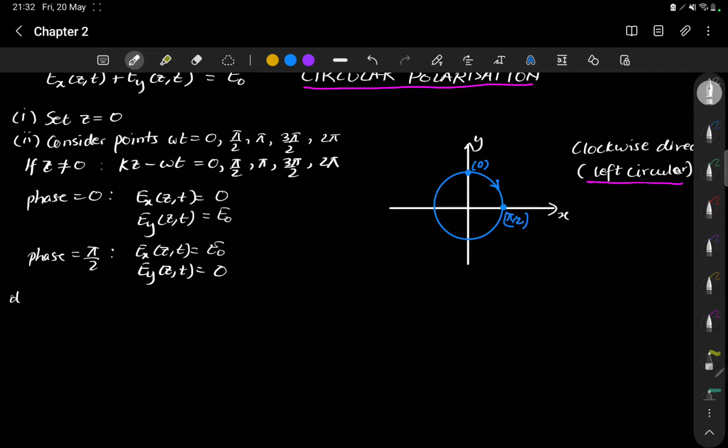Now let us look at the next part. The next part is part D. Part D says Ex naught equal to Ey naught. Let us set this equal to E naught as usual, and delta phi equals to minus pi by 2.